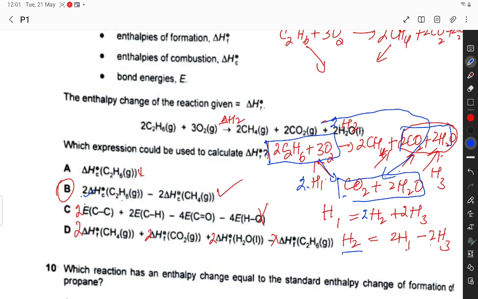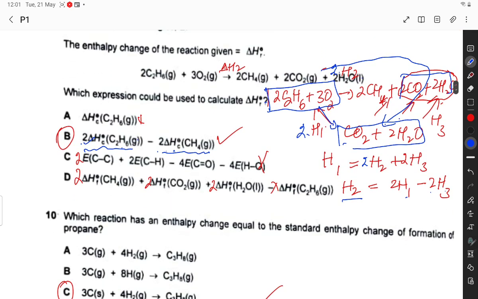So this is 2H1 and this is 2H3 minus 2H3, CH4. So B option is correct.